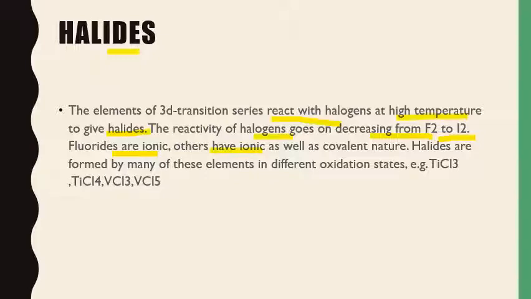The others have ionic as well as covalent nature. The halides are formed by many of these elements in different oxidation states. You can see here the different oxidation states. Titanium chlorides are there, TiCl3, TiCl4, and vanadium in different oxidation states, that is +3, +5, +3, +4.